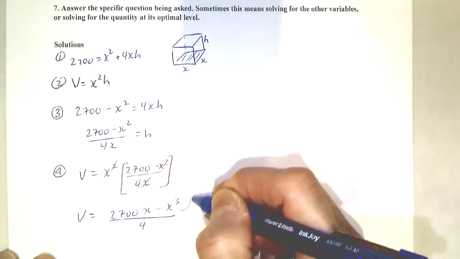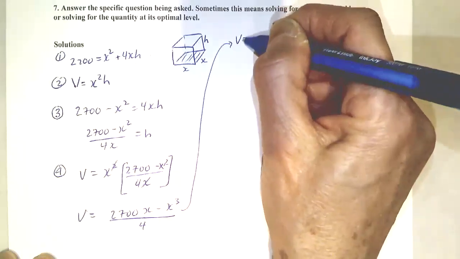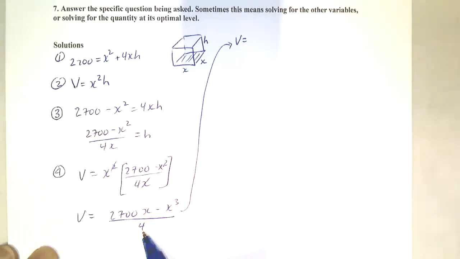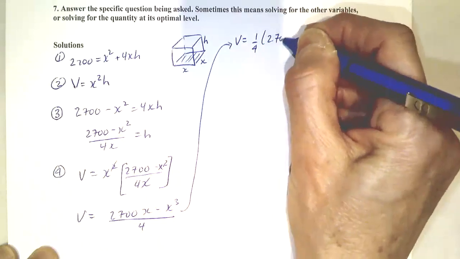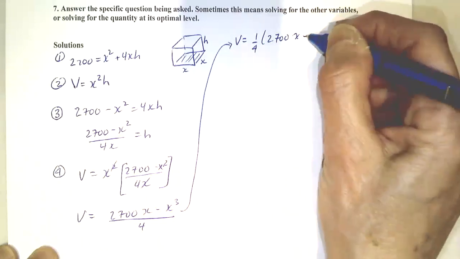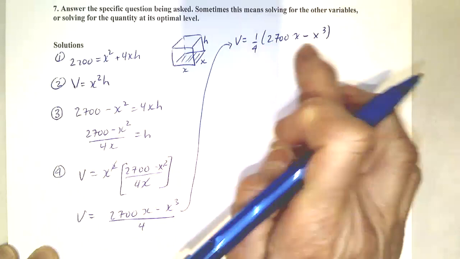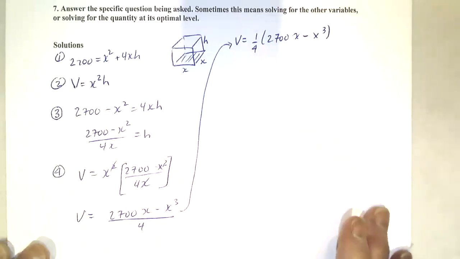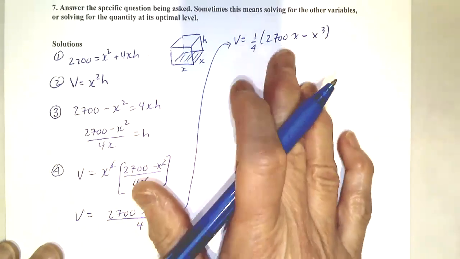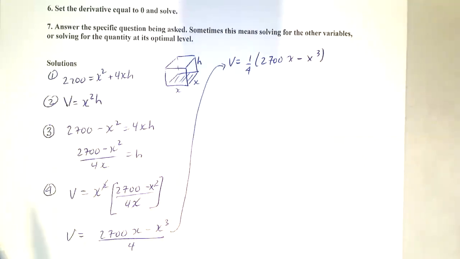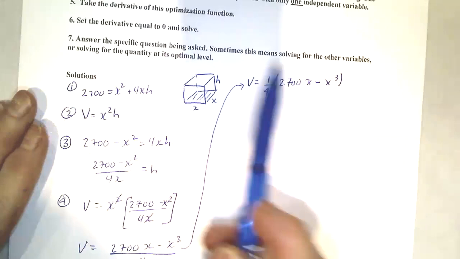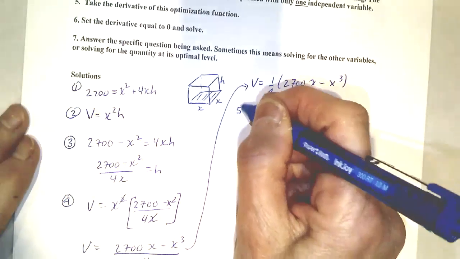In this case, that's fairly easy to do because I'm going to factor out 1/4, and then basically I have 2,700x minus x cubed, and that is a polynomial expression. And that's how I like my equation to look, simplified, with addition or subtraction of terms. And now I'm ready to go to step 5.